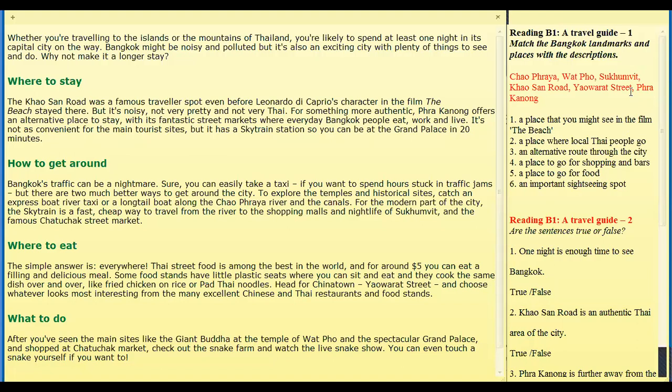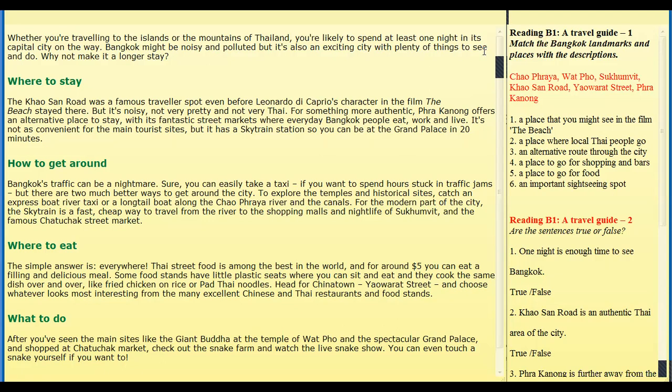Okay, so now we have two sides. On the right side over here, you see reading B1, a travel guide.